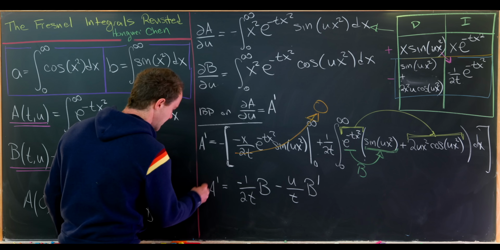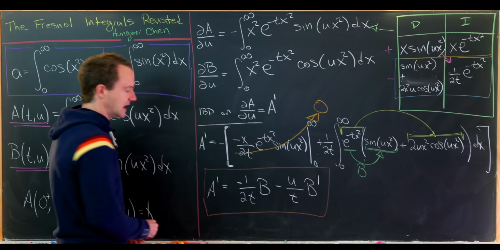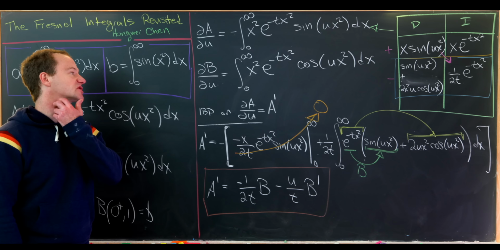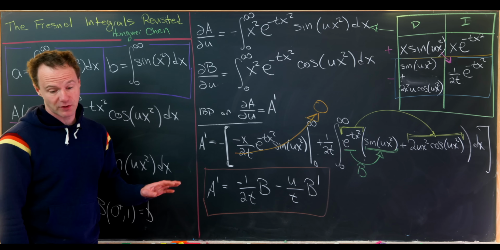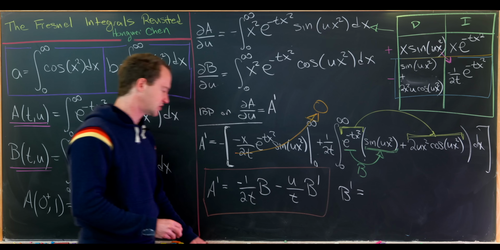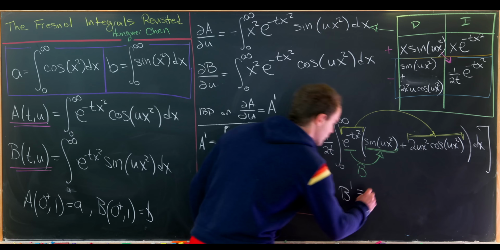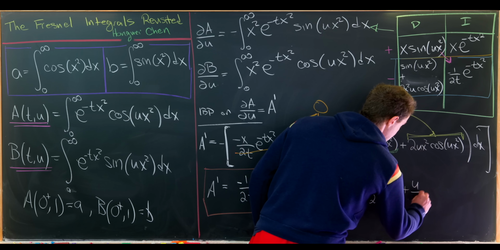Okay, good. So here is one differential equation that fuses A and B together, and you can do essentially the same thing with integration by parts on B prime to see that B prime is in fact equal to, let's see, it'll be 1 over 2t times A plus u over t times A prime.